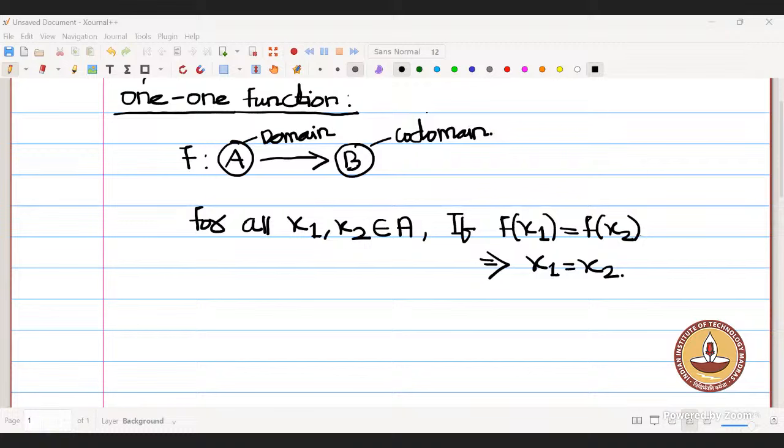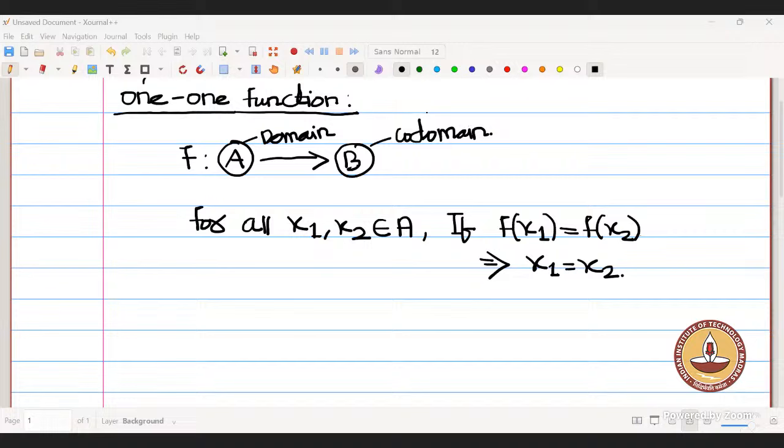No, I'm asking for some other equivalent definition of one-one function. We can say that if f of x1 is not equal to f of x2, then x1 is not equal to x2. Yeah, so you have said just the reverse of this. Correct.